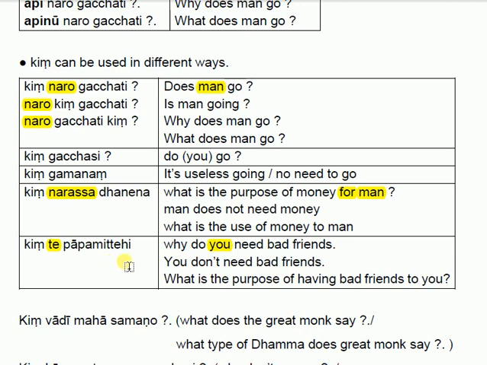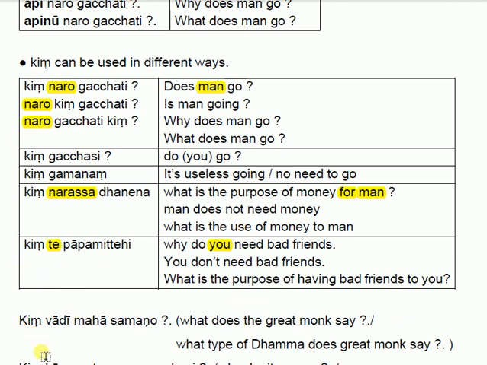This Pali sentence has these three meanings: why do you need bad friends? Or you don't need bad friends? Or what is the purpose of having bad friends for you? Right. This is how we use kim in the Pali language.